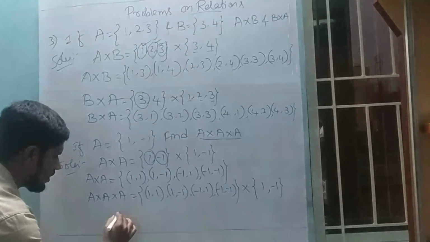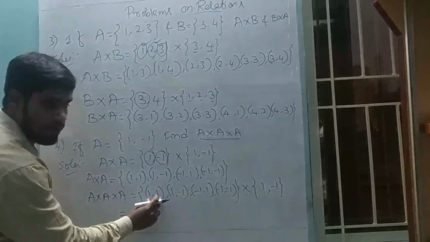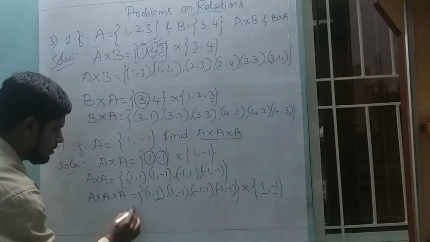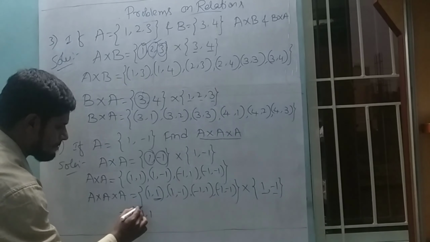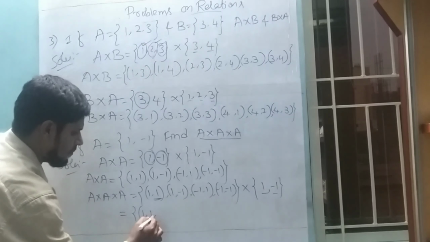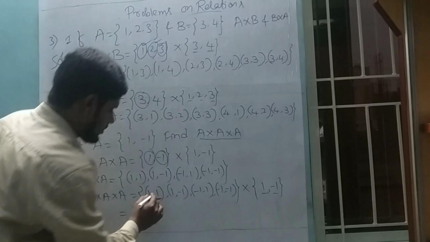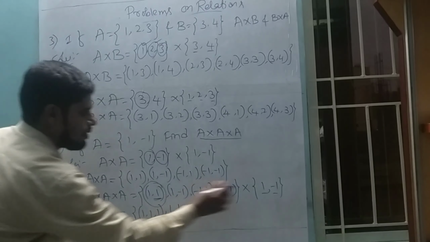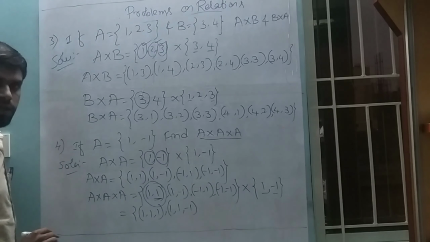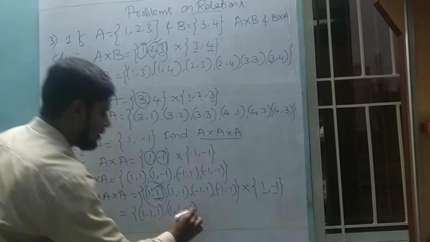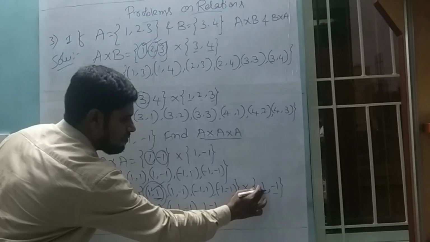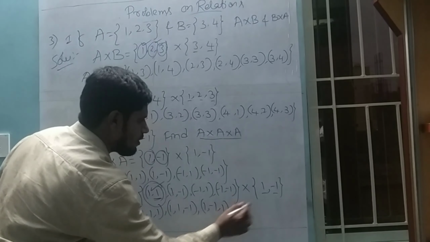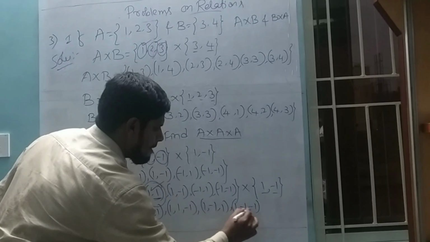Okay. So first I will take the first element with these 2 elements, that is this with this and this. So first (1,1,1), this is over with 1. Next, the same, this one itself with -1: (1,1,-1). Next let us come with the second element, (1,-1) with this one, and these 2, that is (1,-1) with -1.